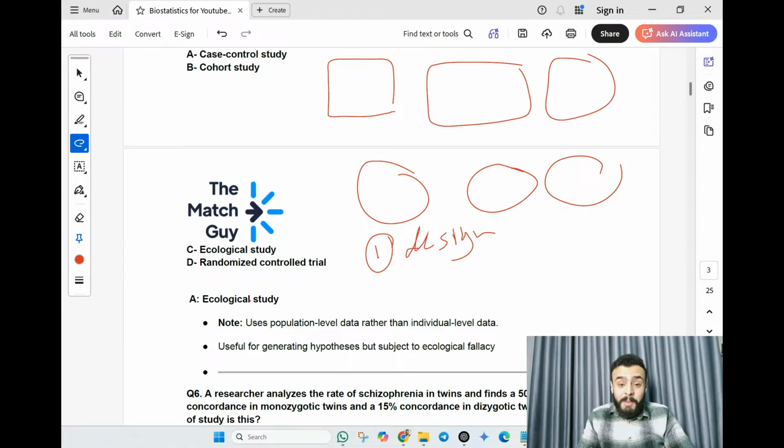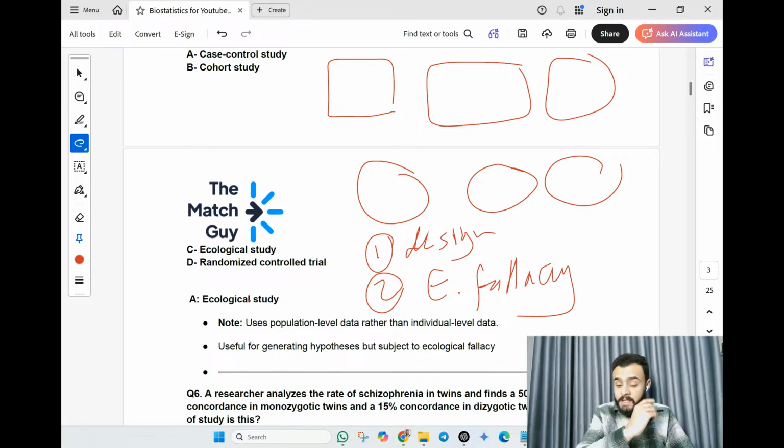Number two, the bias. The bias related to it, guys, is ecological fallacy. What is ecological fallacy, guys? Let's say my ecological study showed that Egypt, they love fast food. They consume much fast food and they have obesity.